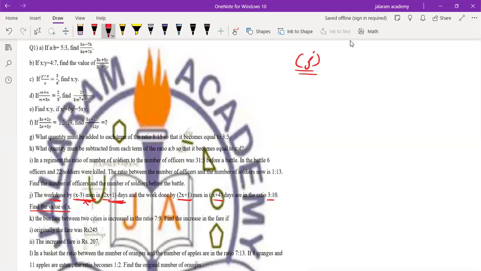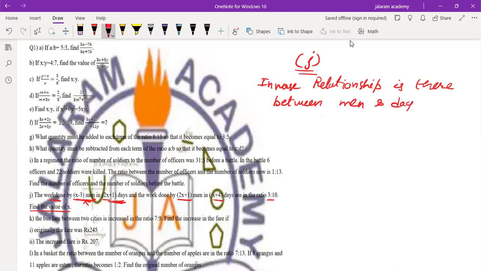So the relationship between men and days is an inverse relationship. Whenever there is an inverse relationship, we do something different from the usual method.